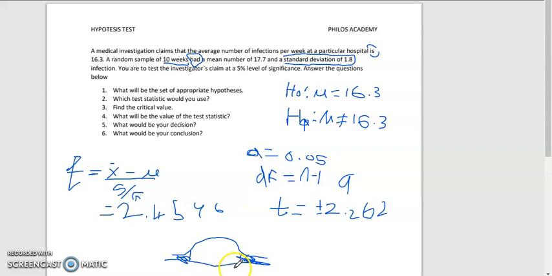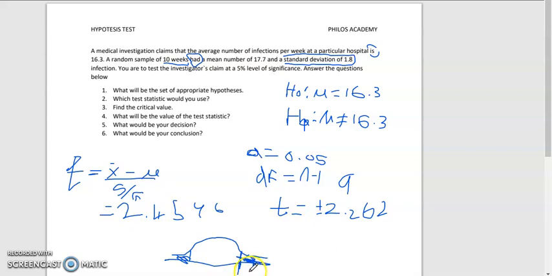Now, assuming that you want to come and plot this t on this same curve, it would have fallen somewhere here. You know, the positive 2.262 was here, right? This is bigger than this, so it would have been somewhere here.